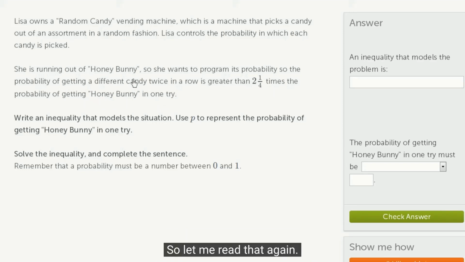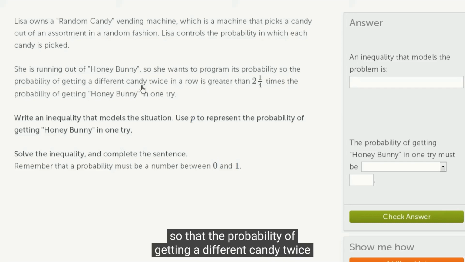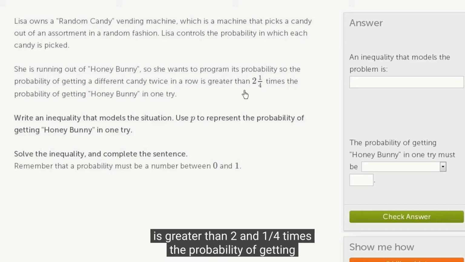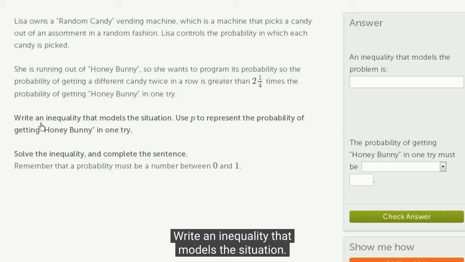So let me read that again. She wants to program its probability so that the probability of getting a different candy twice in a row, or really any other candy twice in a row, is greater than 2 1/4 times the probability of getting Honey Bunny in one try. Write an inequality that models the situation.